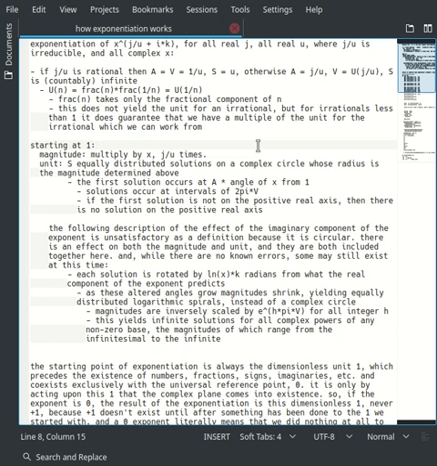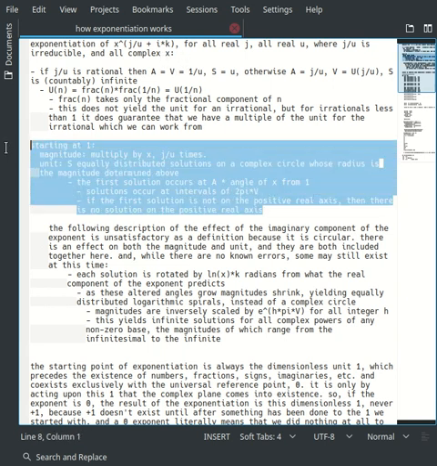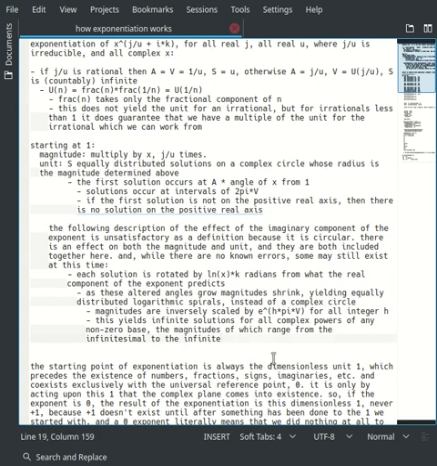And to my knowledge, this is the most complete description of exponentiation that has ever existed. I can't find anything that comes close, let alone that is this compact. Even if you just take this part, it already explains more than I've ever been able to find from one source, and it actually explains some things that I've specifically seen people discuss as being known consequences, but they don't know how to.